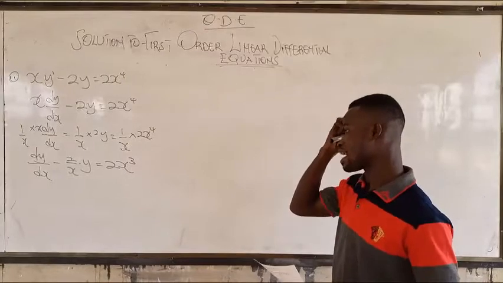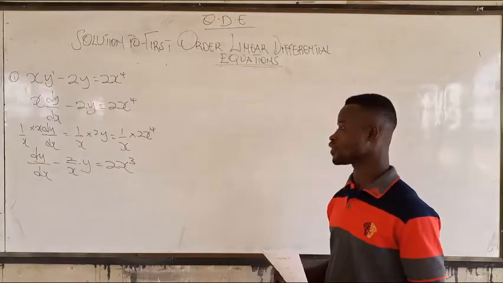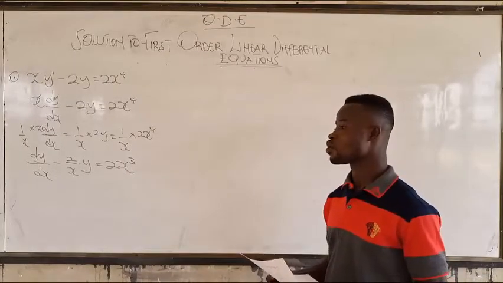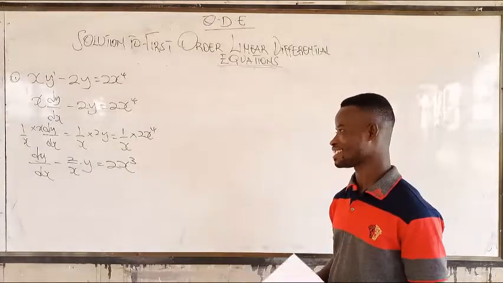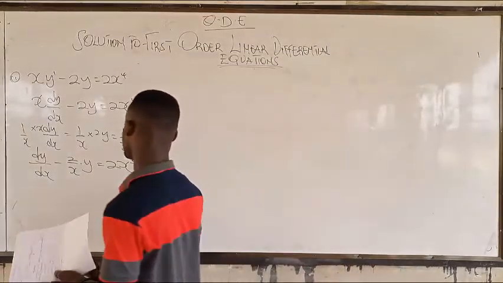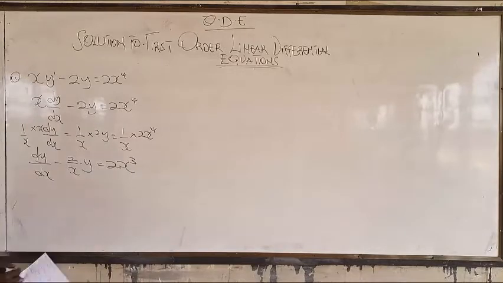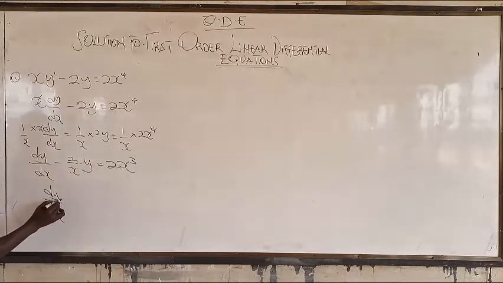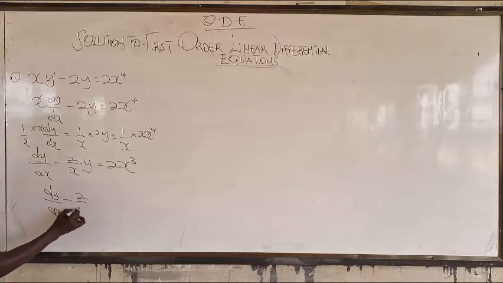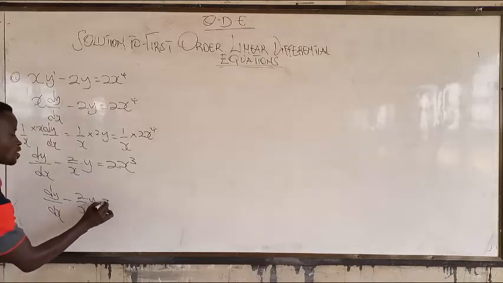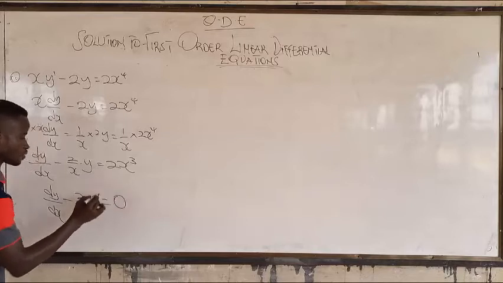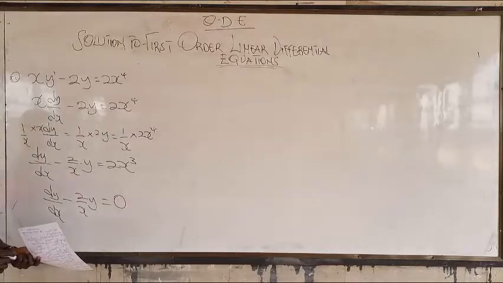So now here, how do you bring the homogeneous part? We can bring the homogeneous part by equating this to be equal to zero, and that is the homogeneous part.